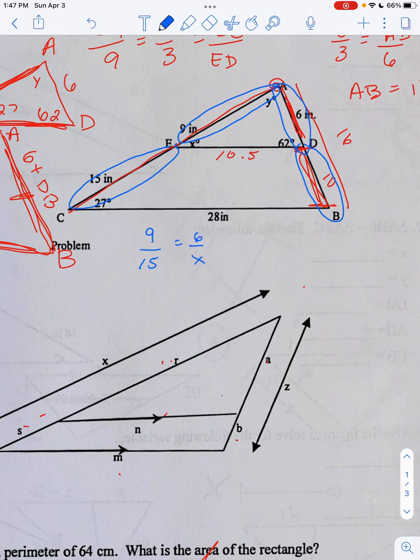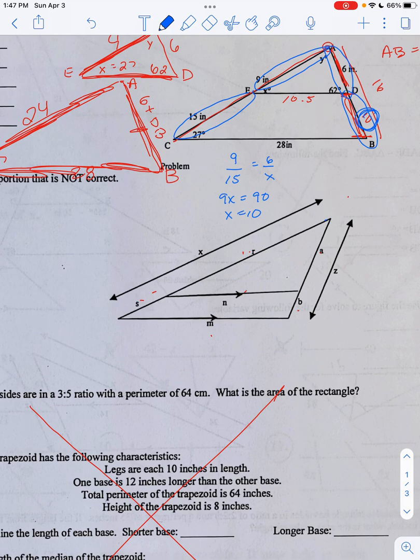So 6 to the unknown. If I cross multiply this, I can also get 10 for that side length and find it that way as well. So you're allowed to set up those proportions.